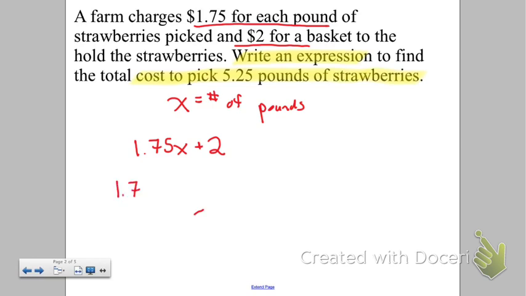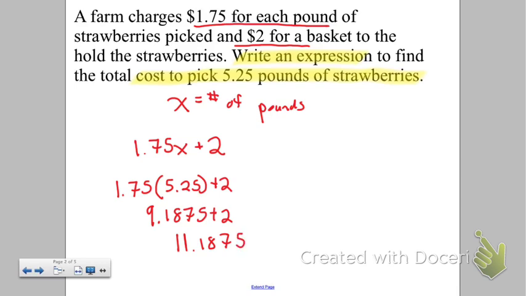Now I have to find the total cost for 5.25 pounds of strawberries. So I can take my expression and substitute in 5.25 for x, which is the number of pounds. When I do that, 1.75 times 5.25 is equal to 9.1875 plus 2 equals 11.1875.